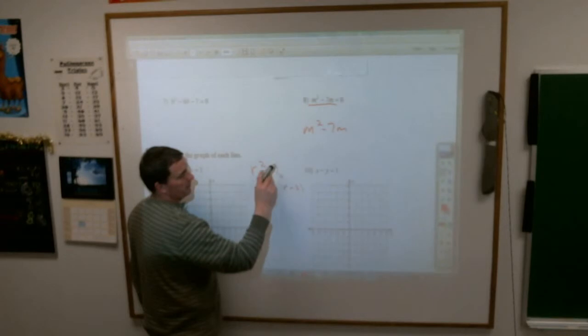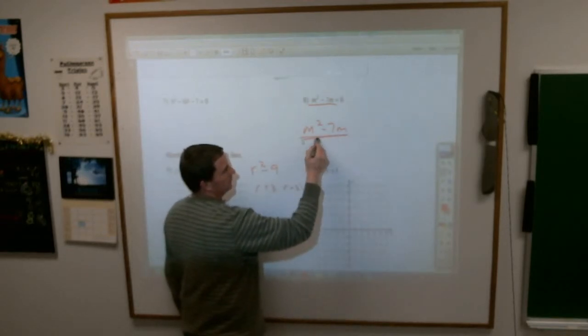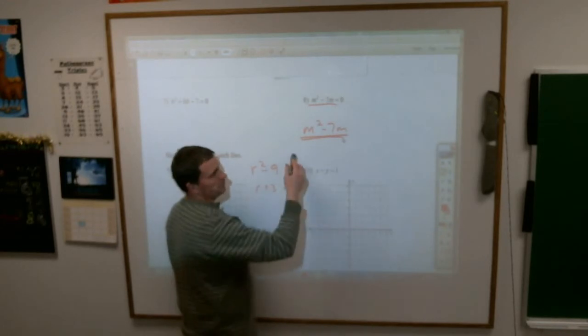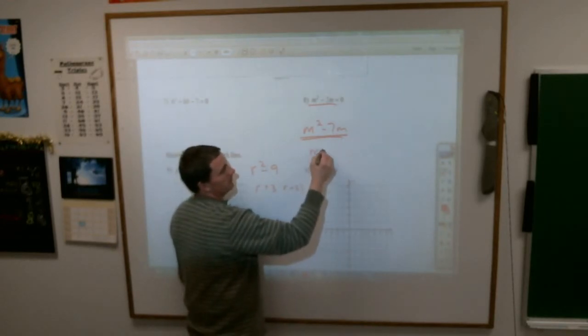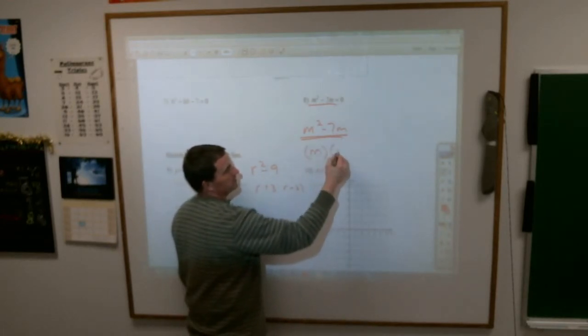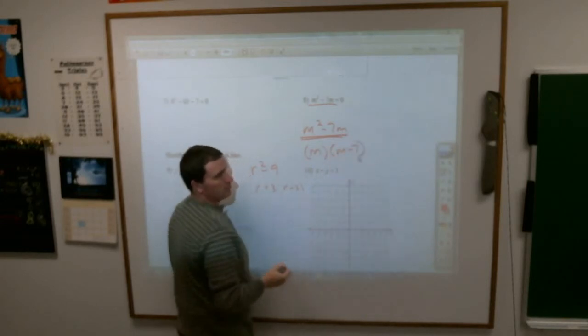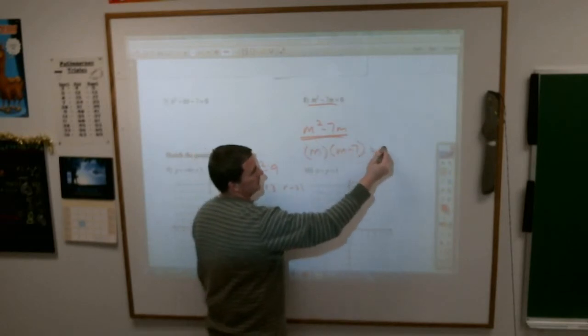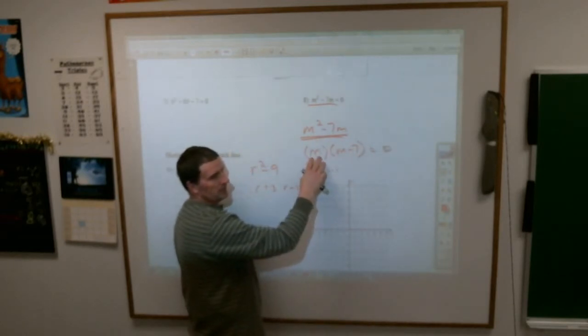But this doesn't have a letter after it. This one, you just have to look at, the only thing you can factor out of that is the letter m. You just take a single letter out and factor it, make it m times m minus 7. That's the most factoring you can do from there. This is not going to factor into the binomials. It's going to factor in just that m and that.